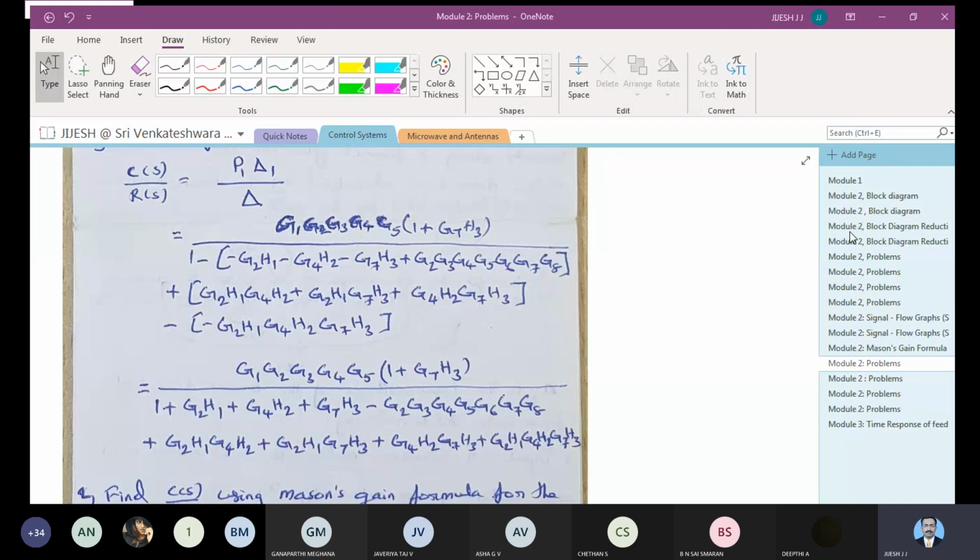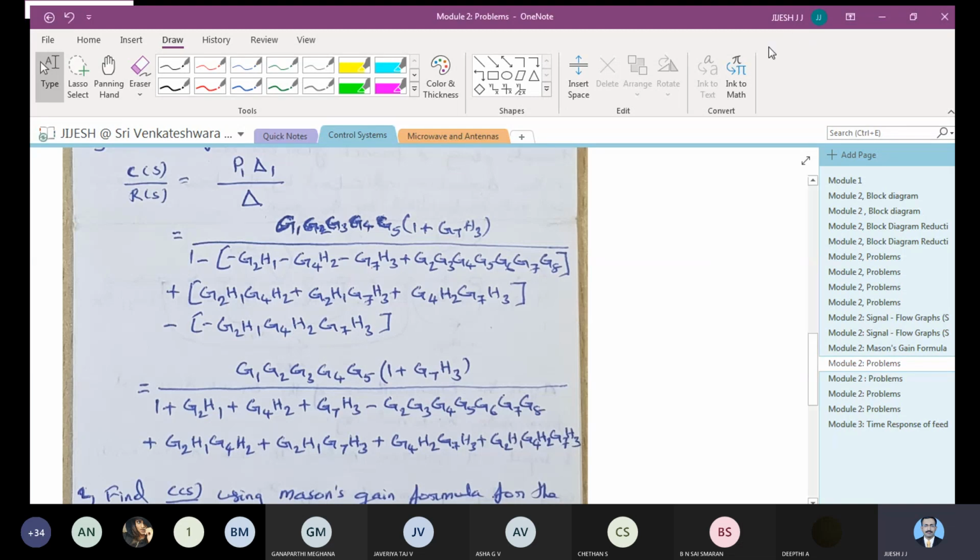Then part B will have a third question with AB and a fourth question with AB. It will all be 10 marks questions. So if you study properly, you can solve it. Otherwise, you will find difficulty when you are writing the papers. This is how the pattern of the question paper will be, and you should study whatever we have solved and whatever we have done in assignments, everything.